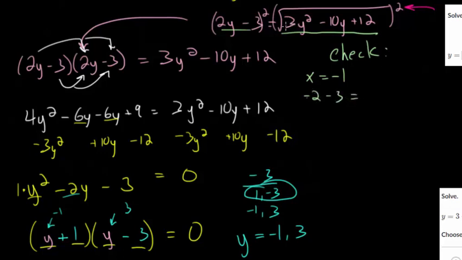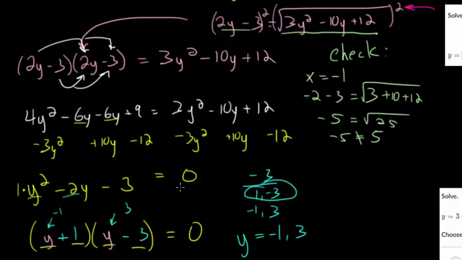And on the right-hand side, we have 3 times negative 1 squared, and this is all under the square root. So that would be negative 1 squared is positive 1, so you get 3. And then minus 10 times negative 1, that's plus 10. And then we have plus 12. And so this is minus 5 is the square root of 25. But you can see this isn't true since minus 5 is not equal to 5.